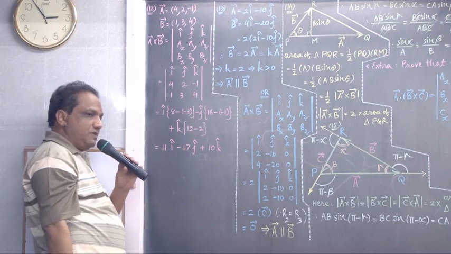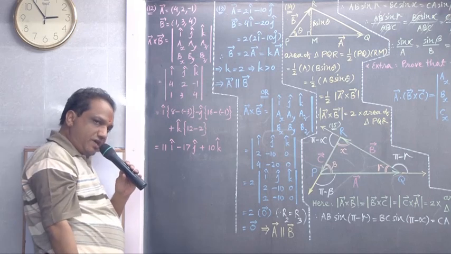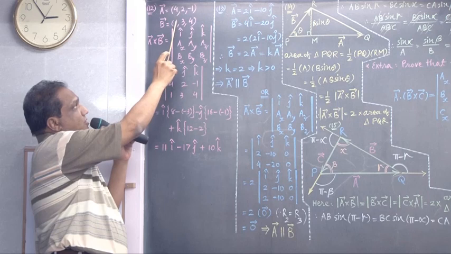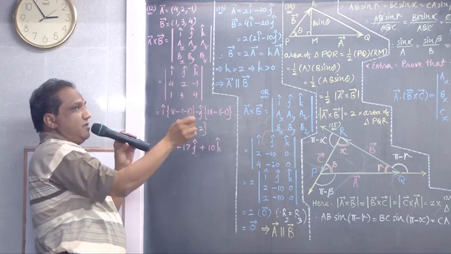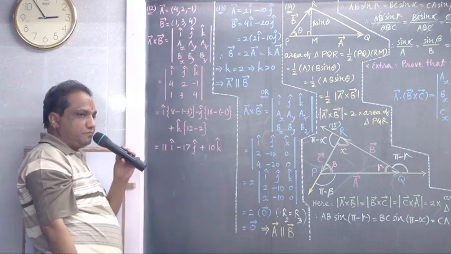What is the Y component? And what is the Z component? The coefficient of k hat. Perfect. Similarly for vector B, i hat plus 3j hat plus 4k hat, I have written the components here: 1, 3, 4.